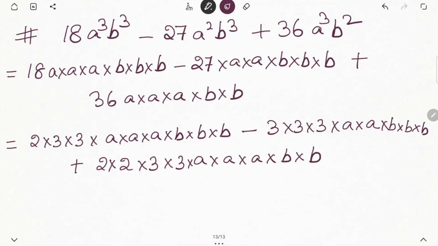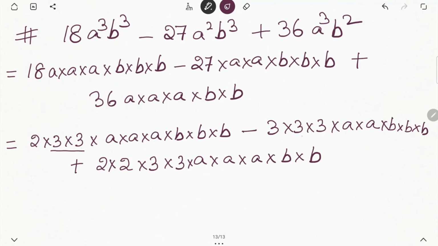Now let us find out the common factors from all the 3 terms. So here you see in the first term I have 2, in the second term there is no 2, in the third term again I have 2, but as 2 is missing in the second term, so I cannot say that it is a common factor. Let us come to 3. How many 3's are there in the first term? 2 3's are there.